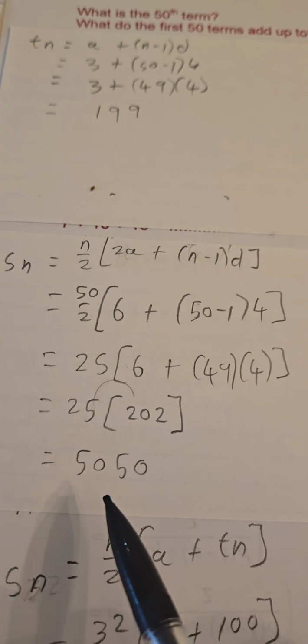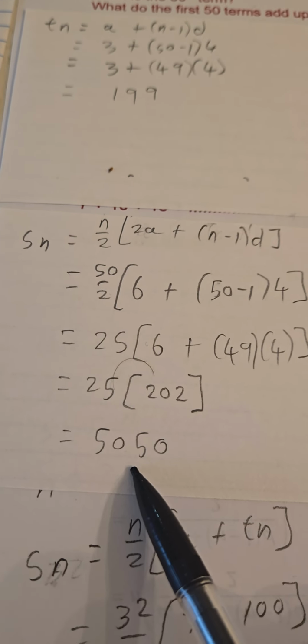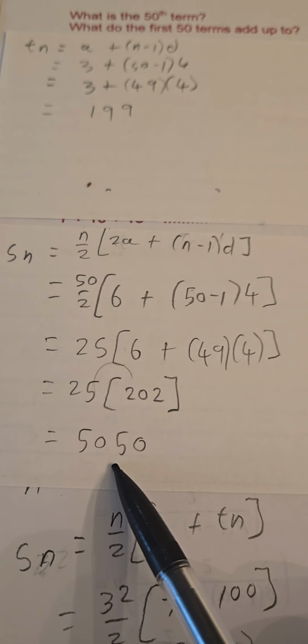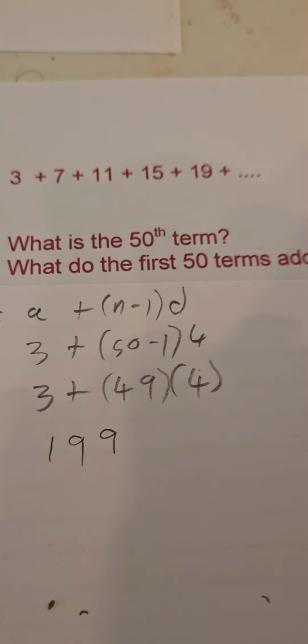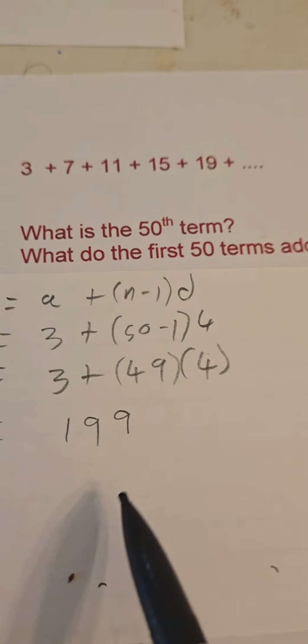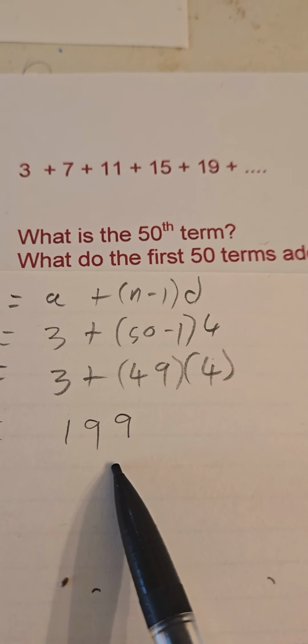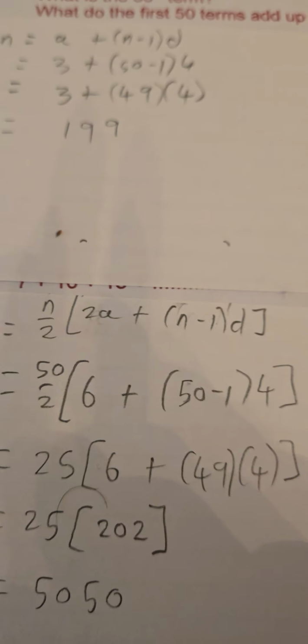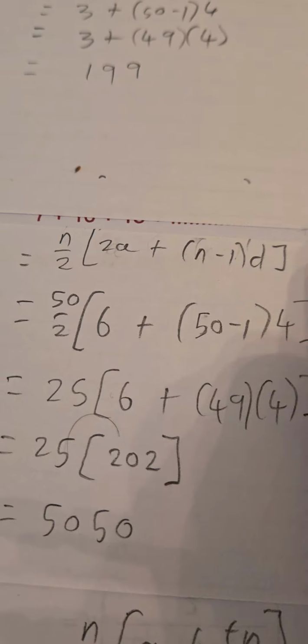Multiply that out, or use a calculator, I get 5,050. If we had to write out 50 terms, we'd discover the 50th term is 199, and if we add up all the terms, we'll get 5,050.